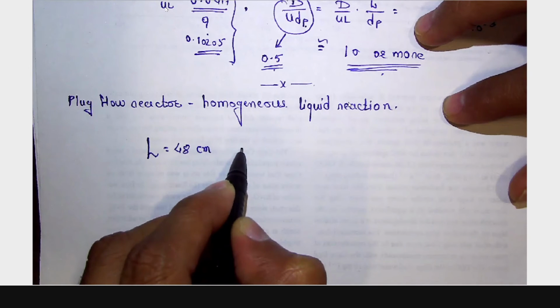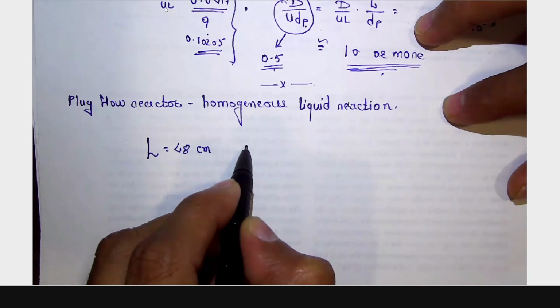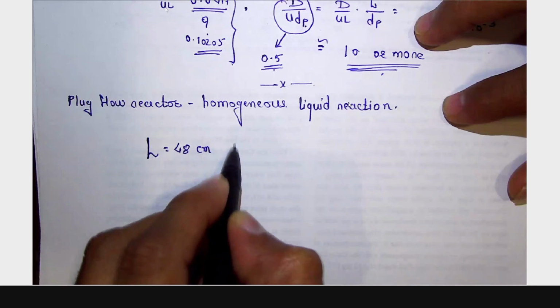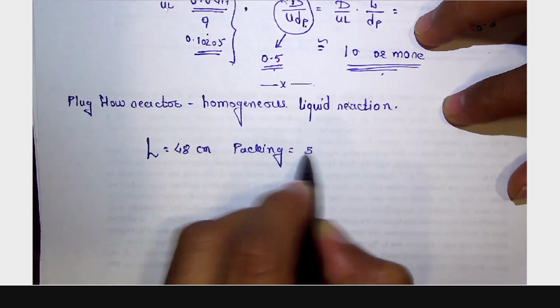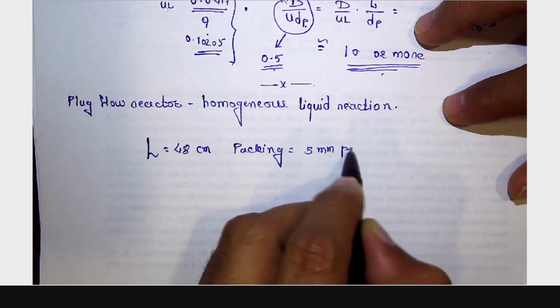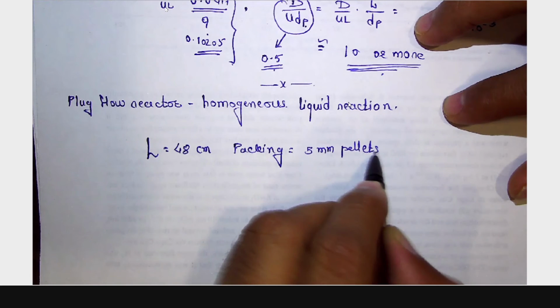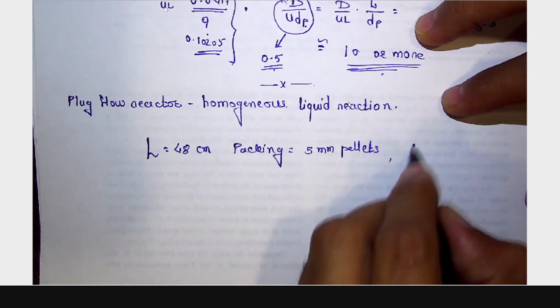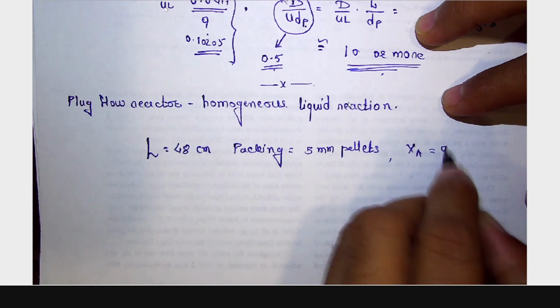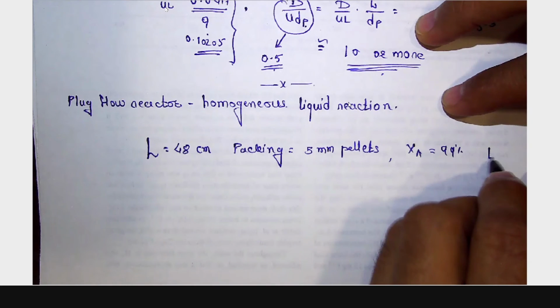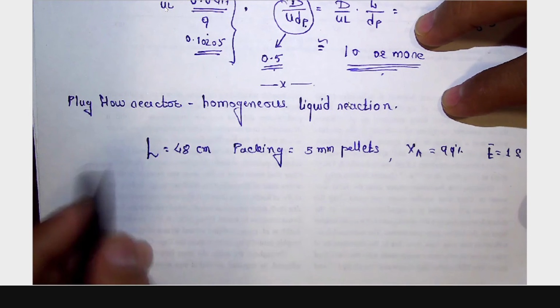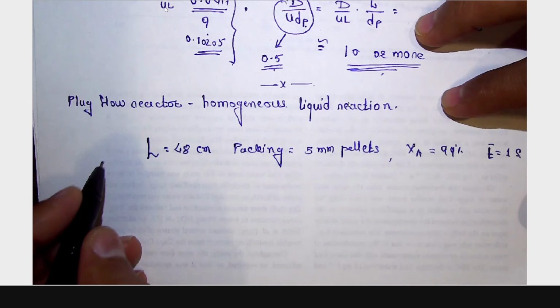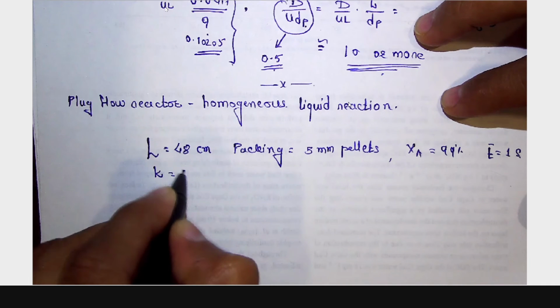It has pellet packing material, packed with 5 mm pellets. Having the conversion around 99% for a mean residence time of 1 second. So we have to calculate the rate constant K for various cases.